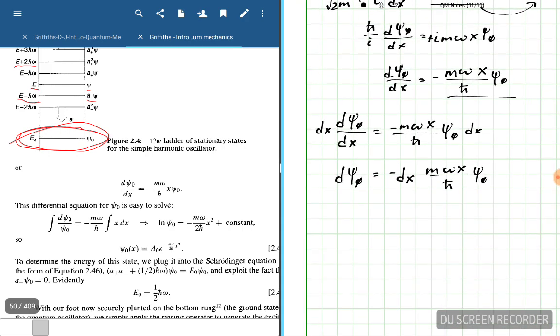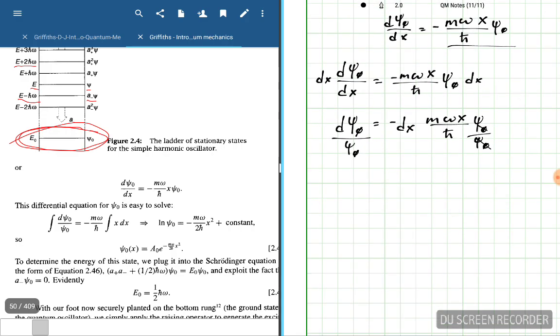Now I want to actually undo this derivative operation. So what I'm going to do here is separate out these variables. I believe we did separation of variables briefly before, but don't worry, we will get back to it.